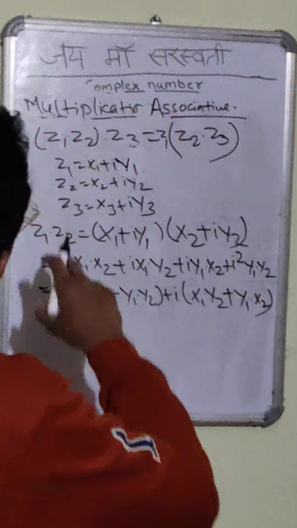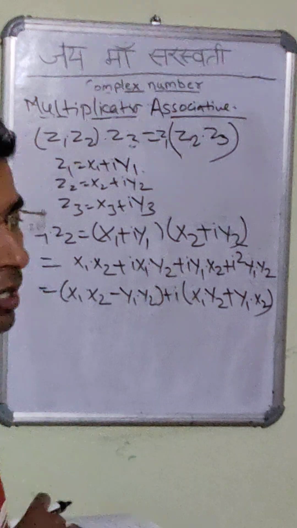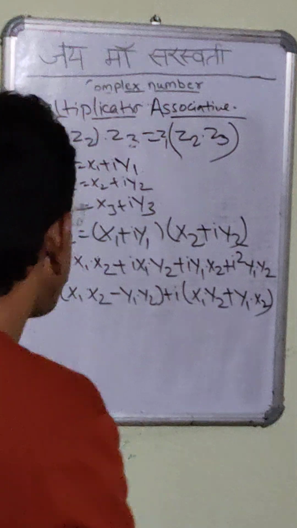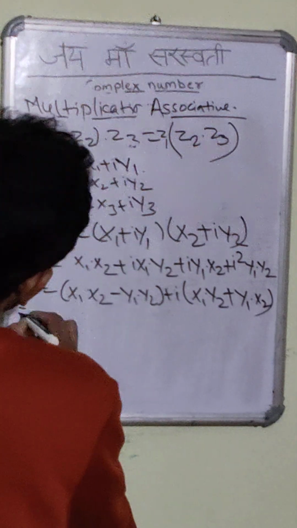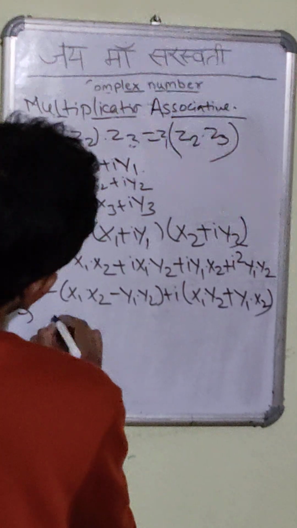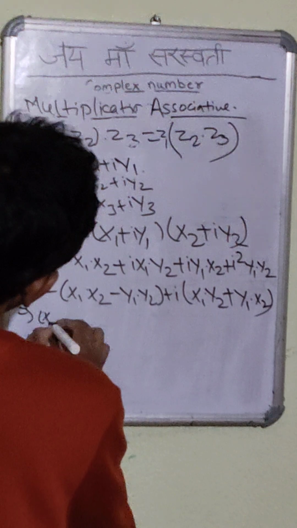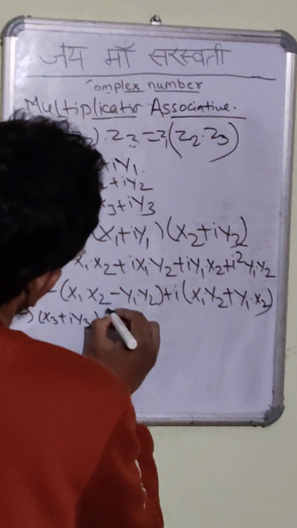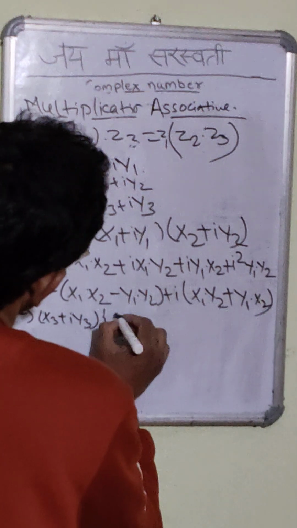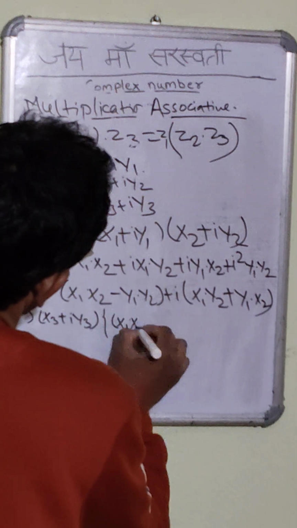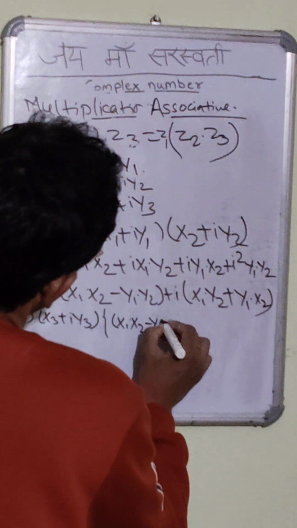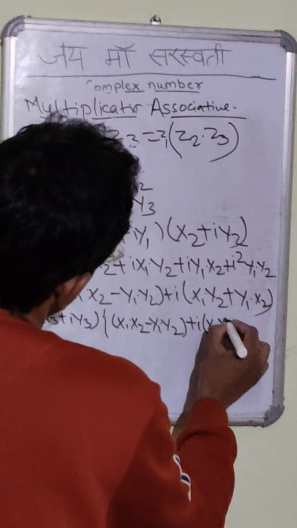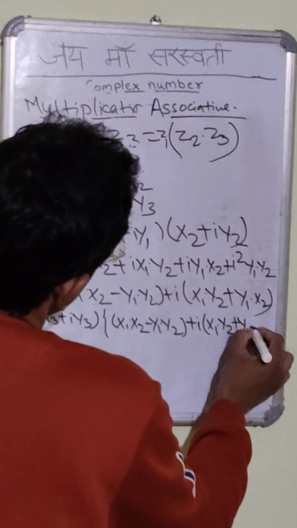Now we have to multiply the product of Z1 into Z2 with Z3. We had taken Z3 as x3 plus i y3. Now we will be multiplying x3 plus i y3 with this full expression, that is x1 into x2 minus y1 into y2 plus i times (x1 into y2 plus y1 into x2).